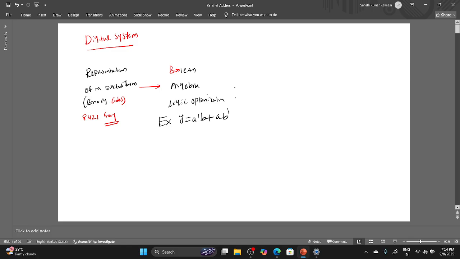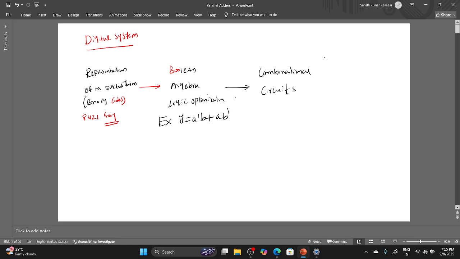Combinational circuits are nothing but multiplexers, adders, subtractors.